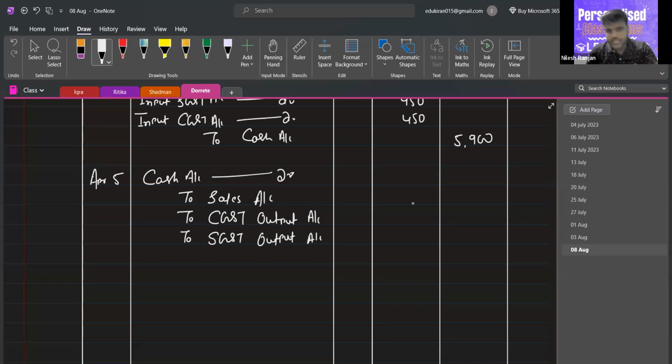Now, the amount of sale is 8,000, and 9% CGST is 720, and 720 SGST, total is 9,440. Done?